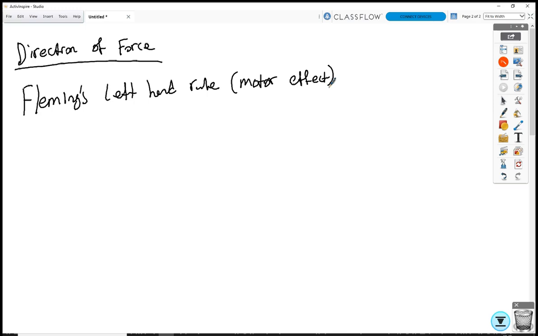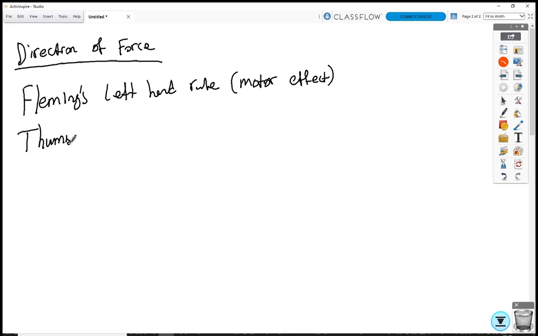So the easiest way to remember it is to remember it as FBI. I like to start from your thumb and work your way down. You see how your thumb is the highest thing, then it goes down like steps, right? So you're walking down the steps, you do FBI. So your thumb is the force, your index finger is the magnetic field lines, and your middle finger is the current. FBI.